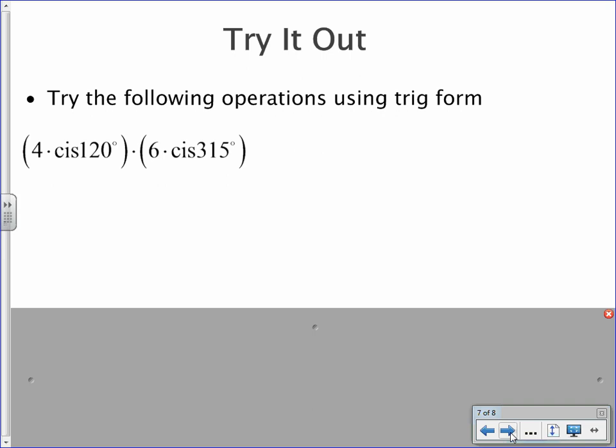If we are multiplying, what do we do with our R's? Multiply. We do the same operation with our R's, so 4 times 6 is 24. What do we do with our angles? We add our angles. So what's 120 plus 315?